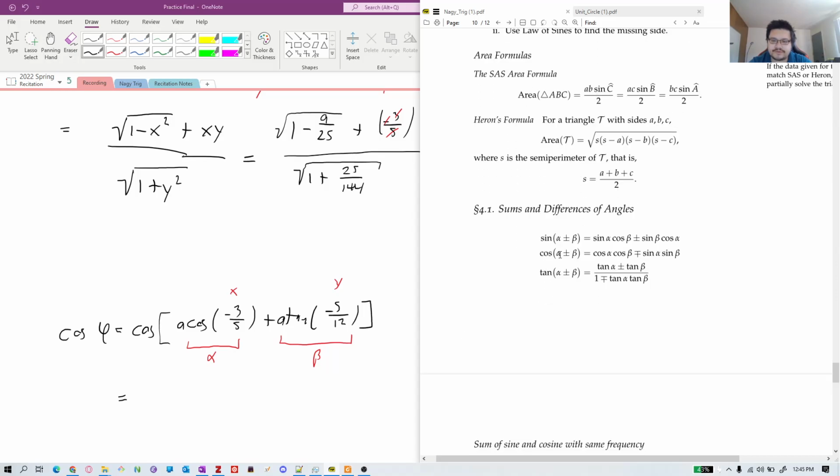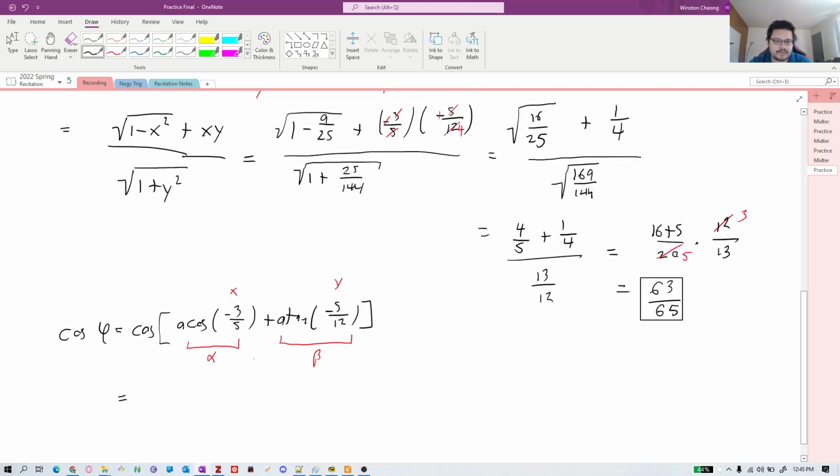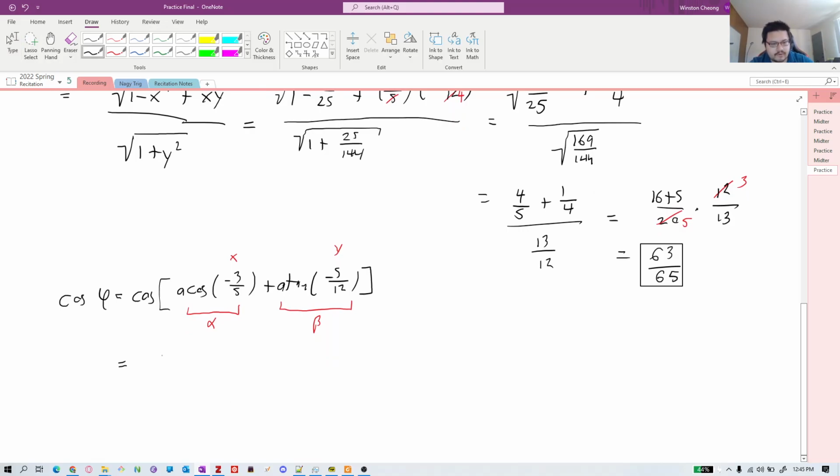Sums and differences, yes, there we go. So cosine of alpha plus beta is cosine alpha cosine beta minus sine alpha sine beta. So we use this formula. Writing it without replacing anything, it's cosine alpha cosine beta minus sine alpha sine beta.